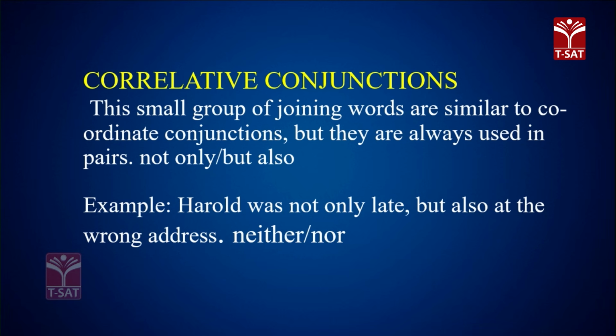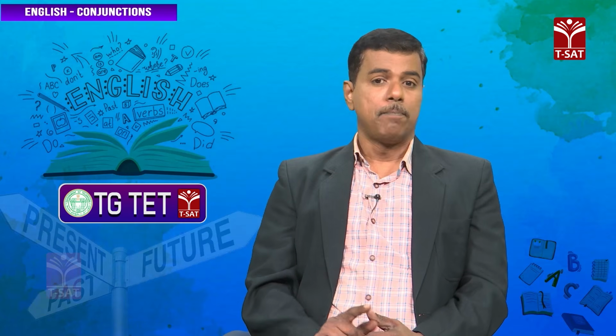The second category which we are supposed to discuss is correlative conjunctions. These are much similar to the coordinating conjunctions, but these conjunctions are always used in pairs. Please remember, correlative conjunctions appear to be similar to the coordinating conjunctions, but correlative conjunctions are always used in pairs.